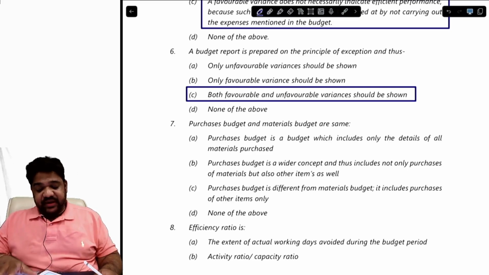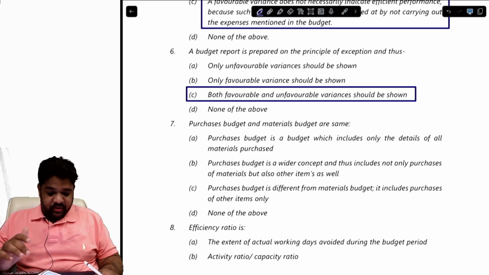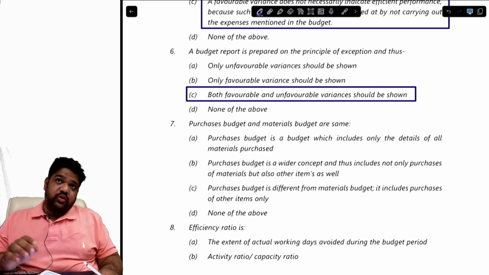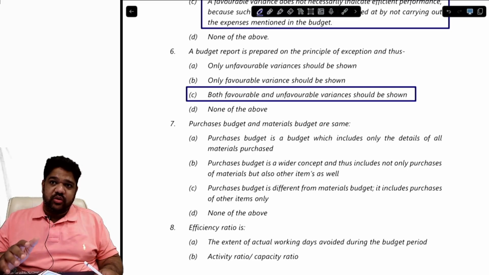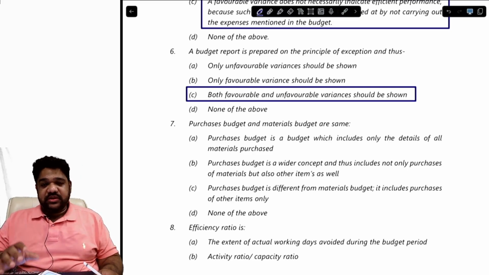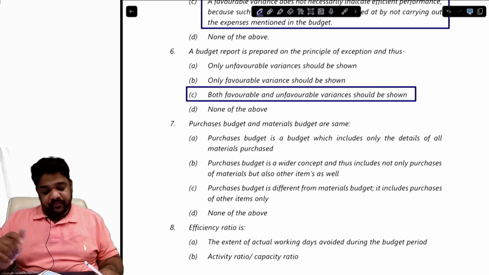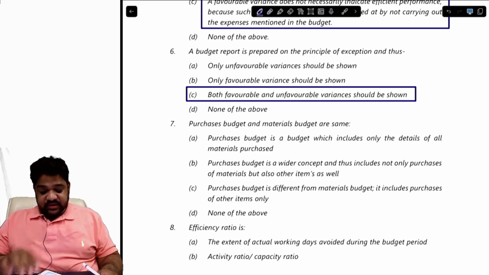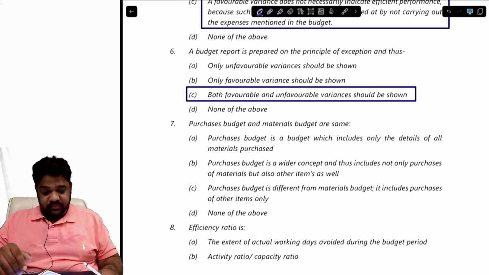Purchases budget and materials budget are same. Now, the materials budget will tell you how much you need to consume, and the purchases budget tells you how much you need to buy. So purchases budget is a budget which includes only the details of all materials purchased.